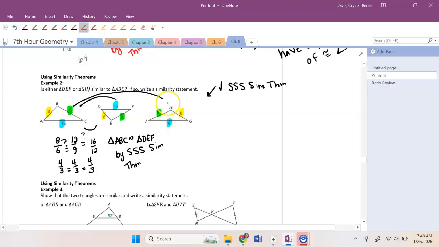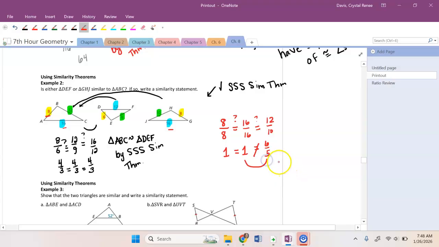Okay, well now I want to check the last one with triangle ABC. So once again, I'm going to do the same thing. So 8 over 8, those are the same. Is that equal to 16 over 16? So far, so good. Is that the same as 12 over 10? Okay, now most of you can stop there, but we'll go ahead and finish it. So 8 over 8 just reduces to 1. 16 over 16 reduces to 1. 12 over 10 is not 1. It's 6/5.